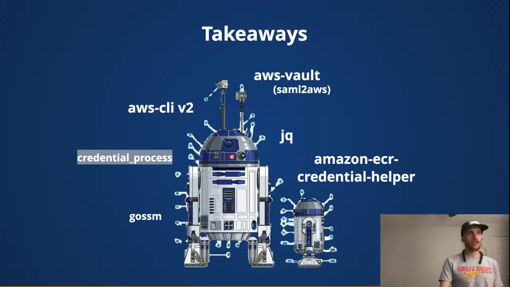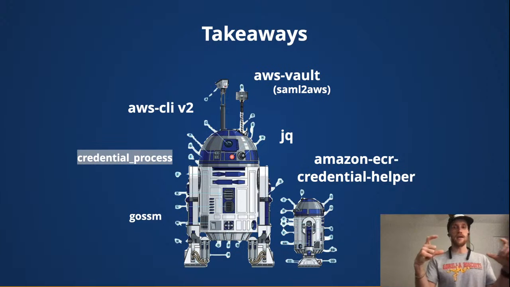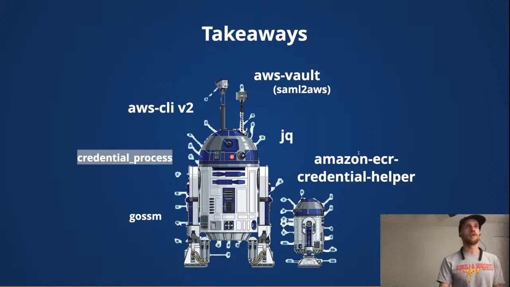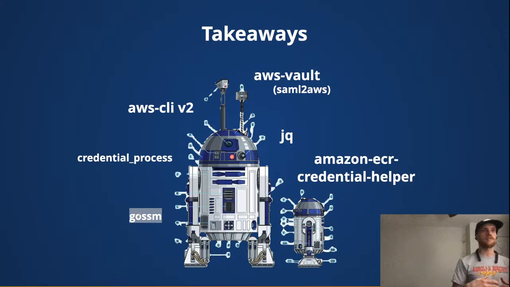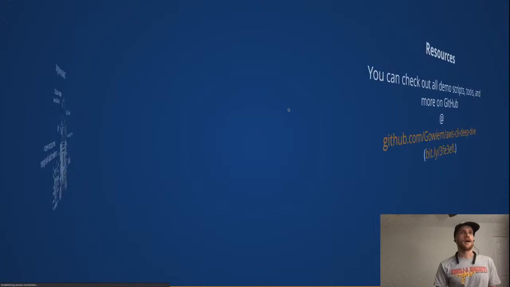Use Credential Process, very useful in terms of making AWS Vault and AWS CLI fit together nicely around that AWS Profile environment variable. Using jq, the Amazon ECR Credential Helper, and GoSSM, these are all secondary, tertiary tools that really can help your workflows in terms of interacting with AWS from the command line. And I really think it's good stuff. Anyway, those are the takeaways.